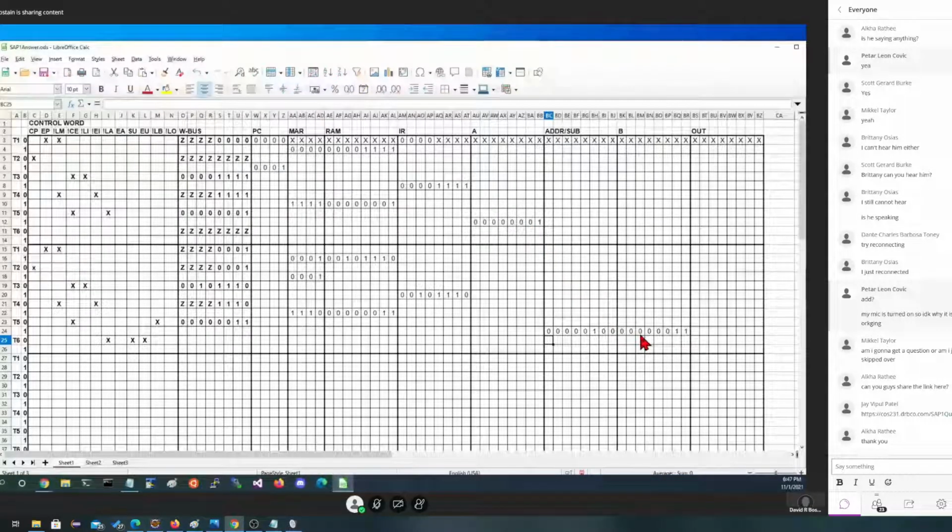So if we take the 2's complement of 3, we get a negative 3. We add a 1 to it, we get a negative 2. Which, if we remember our binary, we have a negative 2. It's that value that makes it out onto the bus.